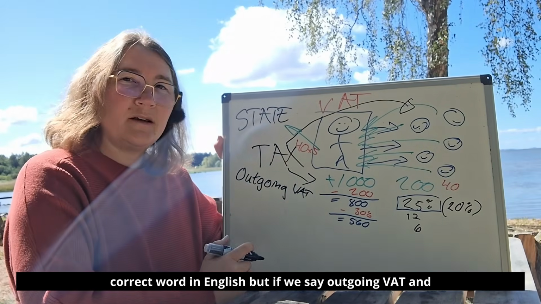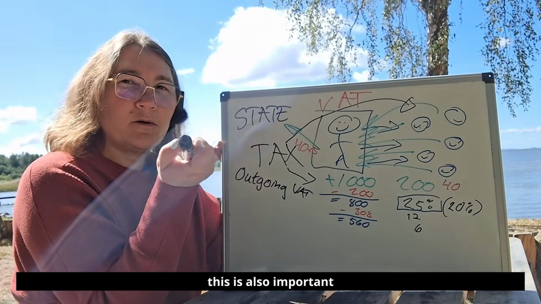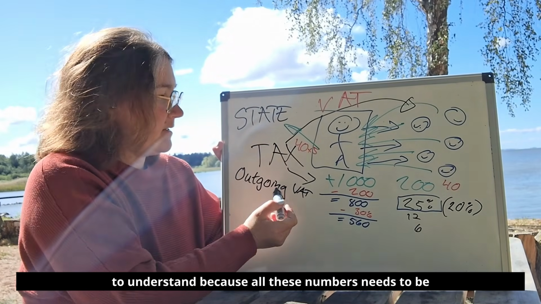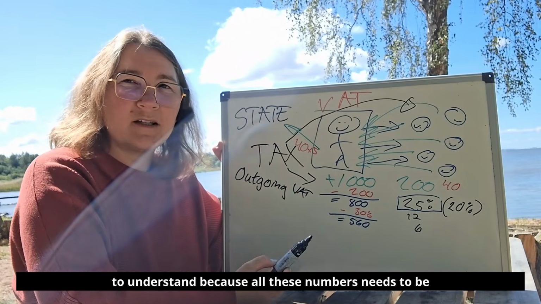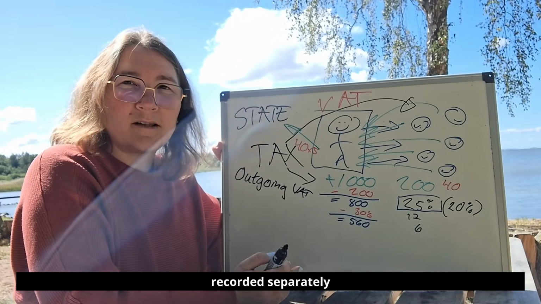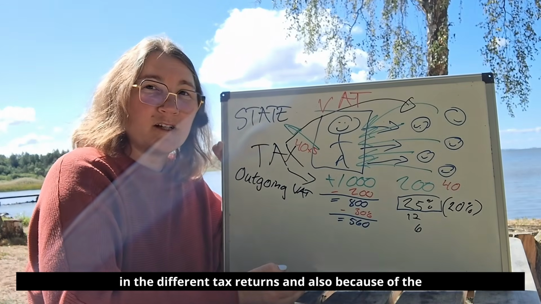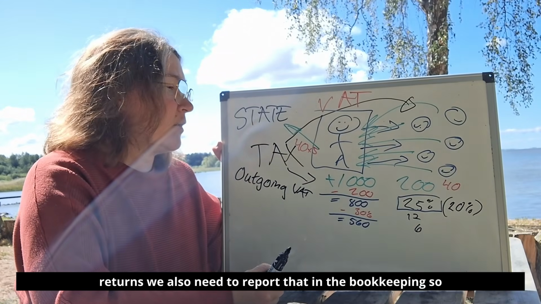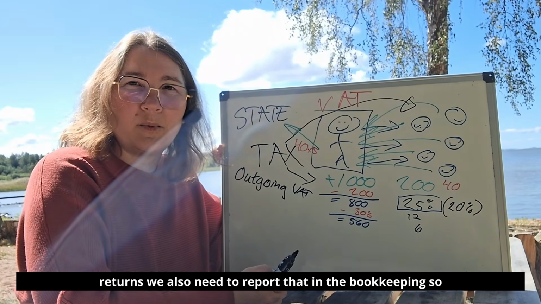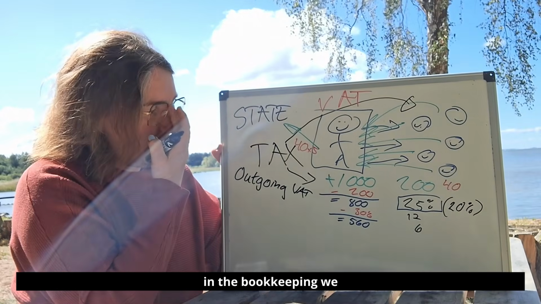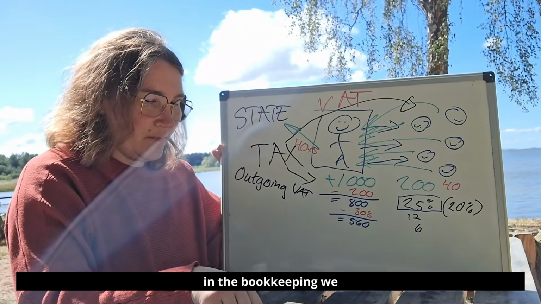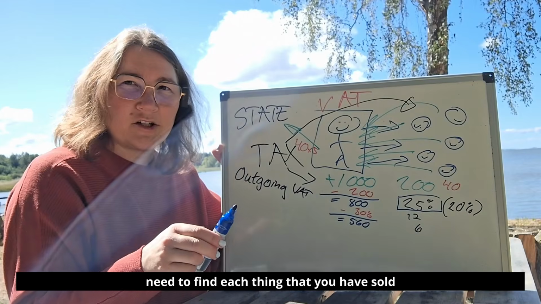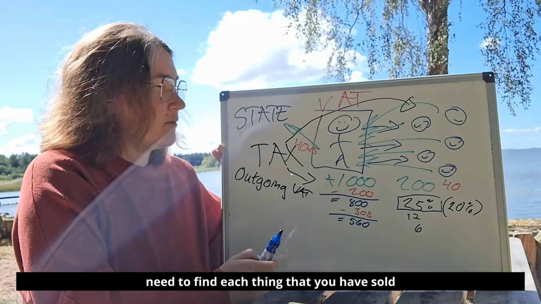VAT. And this is also important to understand, because all these numbers need to be recorded separately in the different tax returns, and also because of the different tax returns, we also need to report that in the bookkeeping. So in the bookkeeping, we need to find each thing that you have sold.